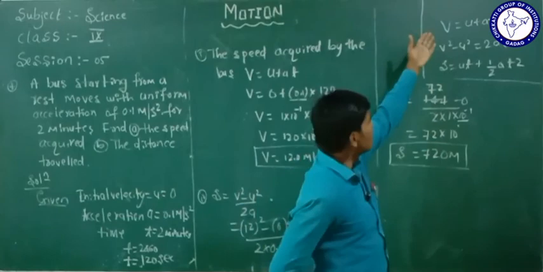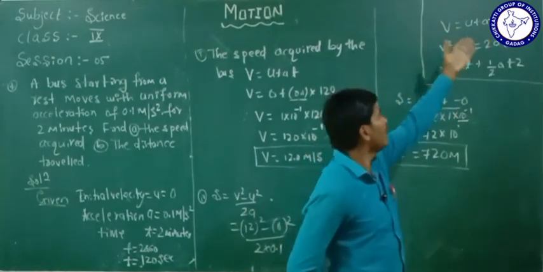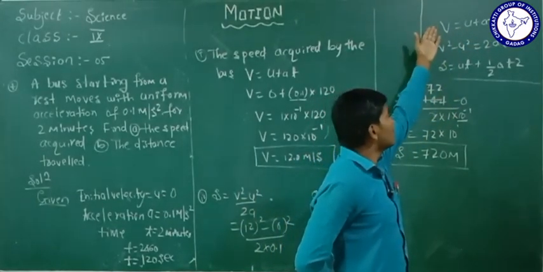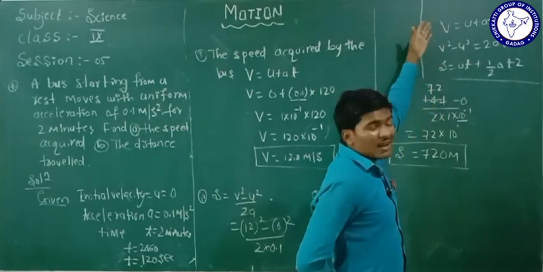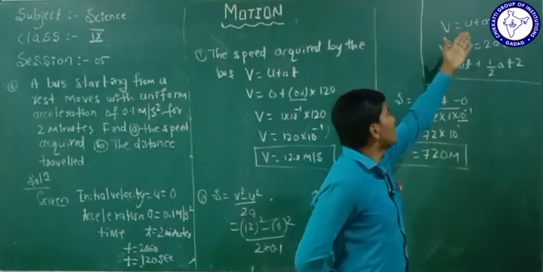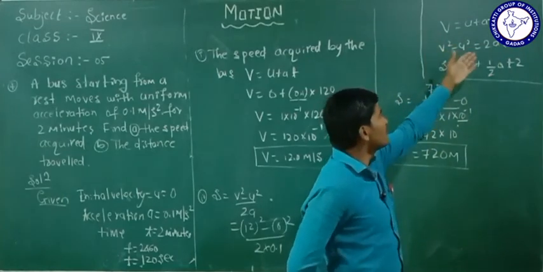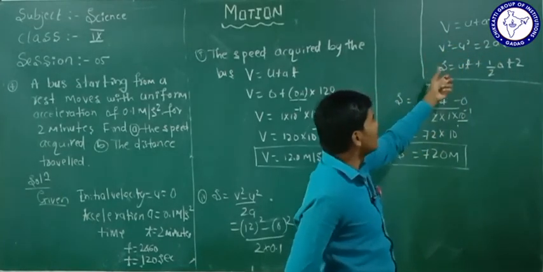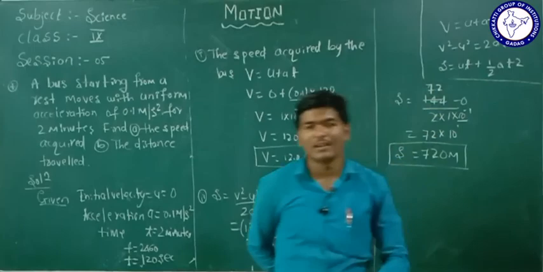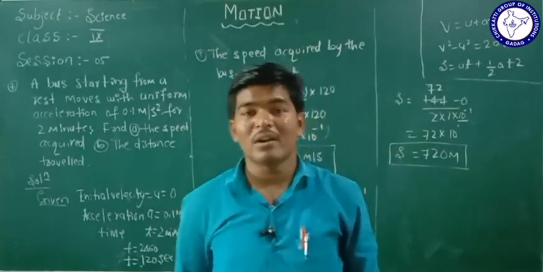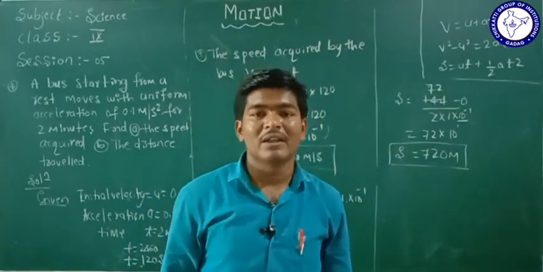The expressions are v is equal to u plus at, that is final velocity equals initial velocity plus acceleration into given time, and v square minus u square is equal to 2as, and s is equal to ut plus half at square. These 3 are very important equations to calculate the given problems.